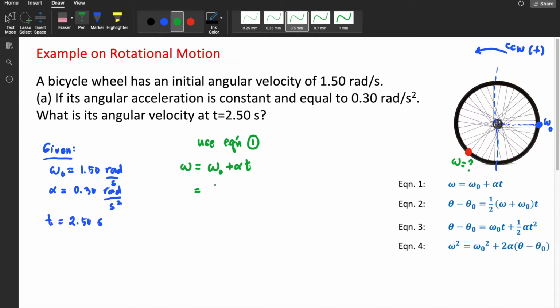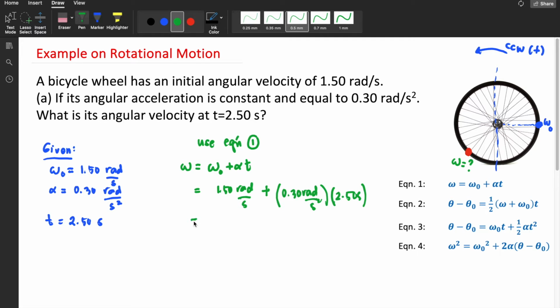So that would be 1.50 radians per second plus the quantity 0.30 radians per second squared times 2.50 seconds.